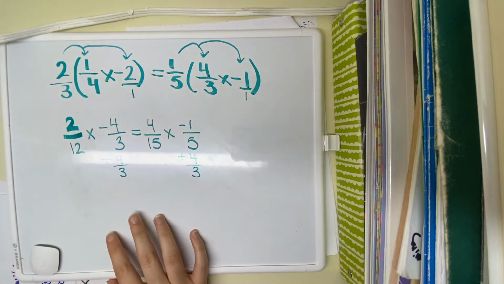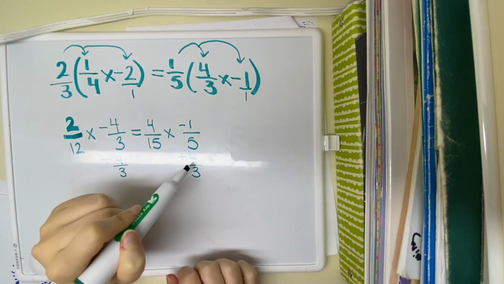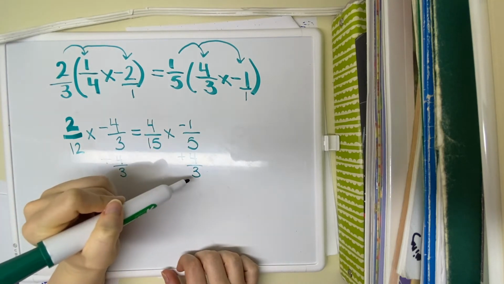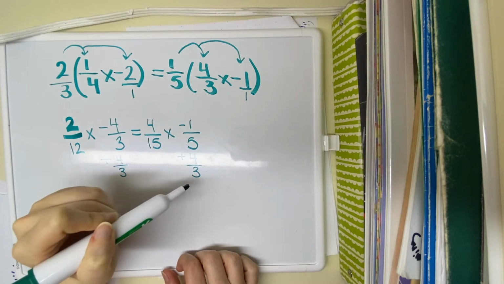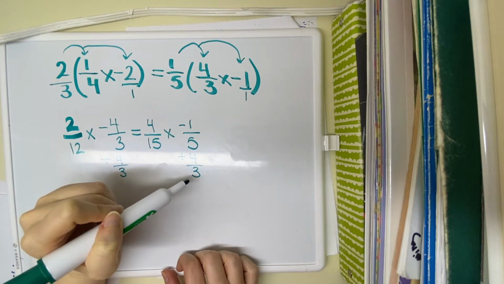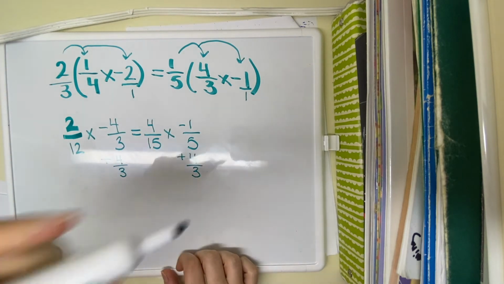So in order to add or subtract fractions, what you need to do is get it so that both of them have the same denominator. We have a 5 and a 3, and the easiest way to make them both have the same denominator is to multiply each of them by each other's denominators. So let me explain what that means.